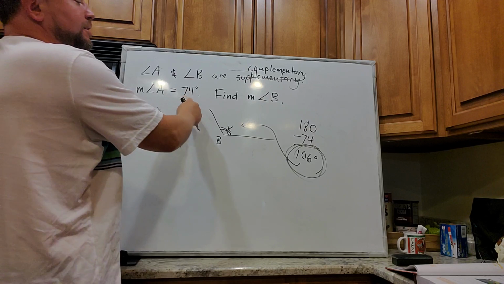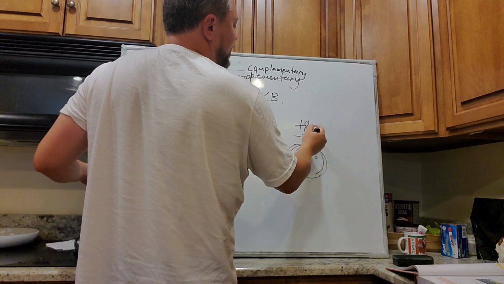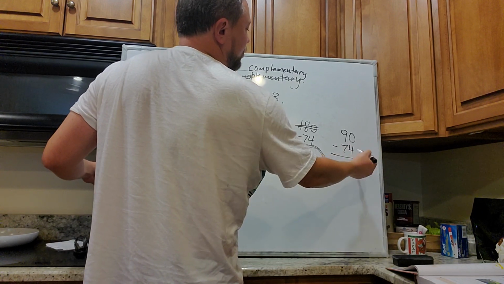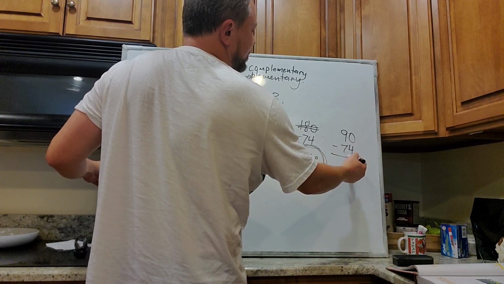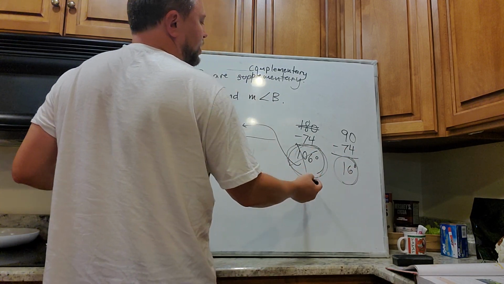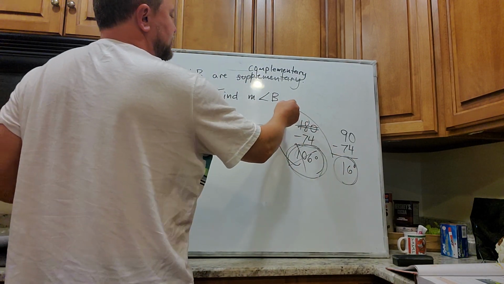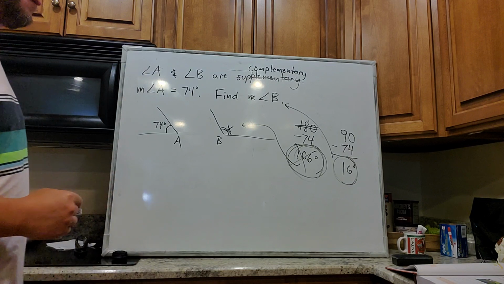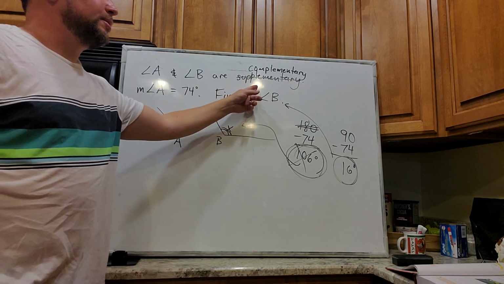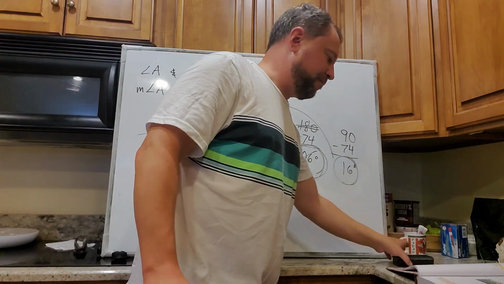If that one was 74, instead of 180, they're going to only add up to 90. So you take the 74 away from 90, in which case now you're only left with 16 degrees. So instead of 106, now it would be 16 for that angle. So it makes a big difference. Make sure you pay attention, complementary versus supplementary.